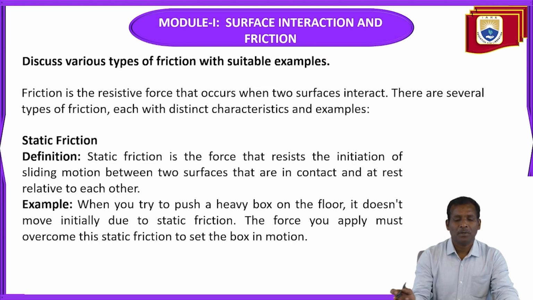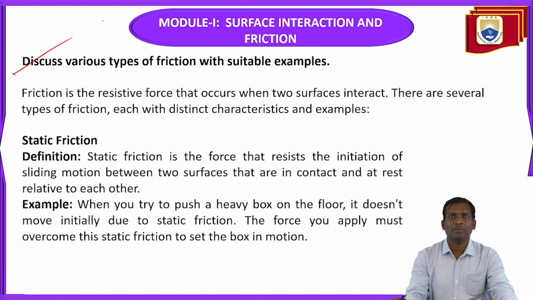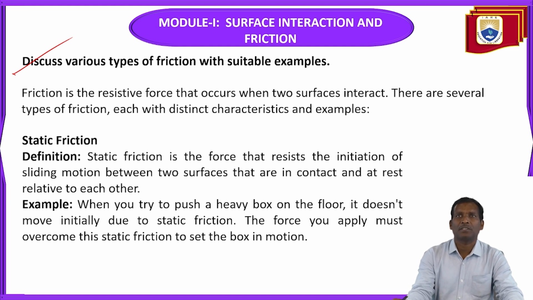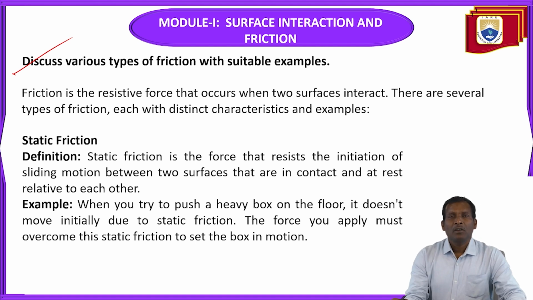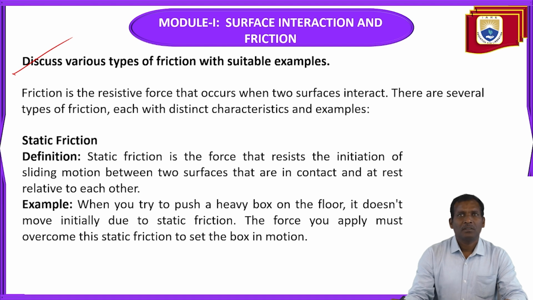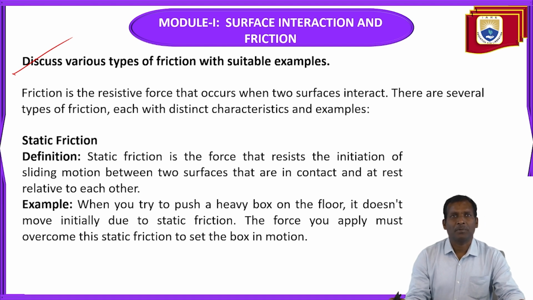The first one is: discuss various types of friction with suitable examples. So how many types of friction are there, and what are the examples for each type? Friction is the resistive force that occurs when two surfaces interact.